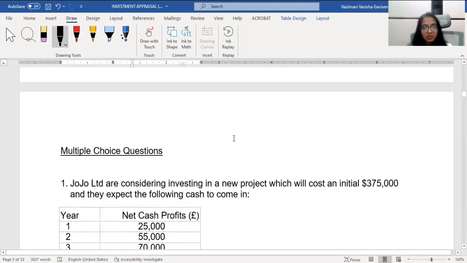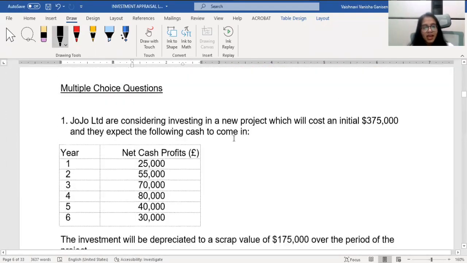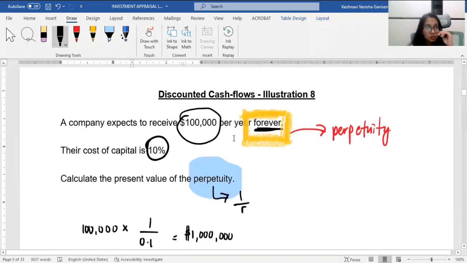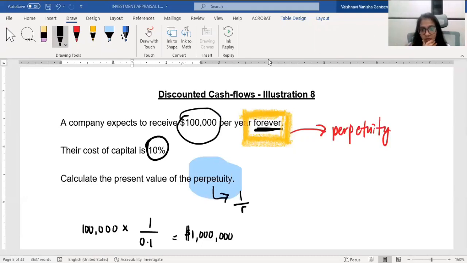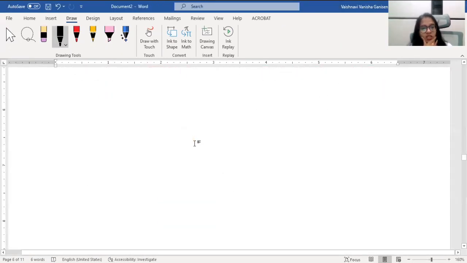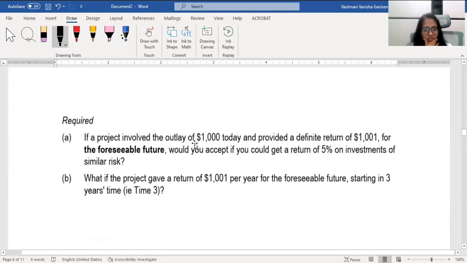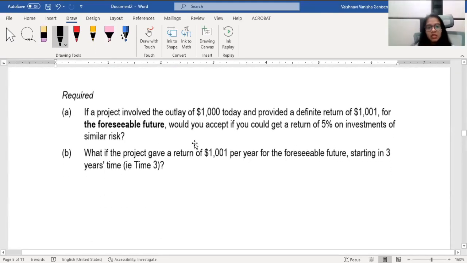Now, if everything is good, I want you to go back to the other attachment, the additional questions for chapters 7 to 9. In here, I've given you one extra question. I want you to also try this.